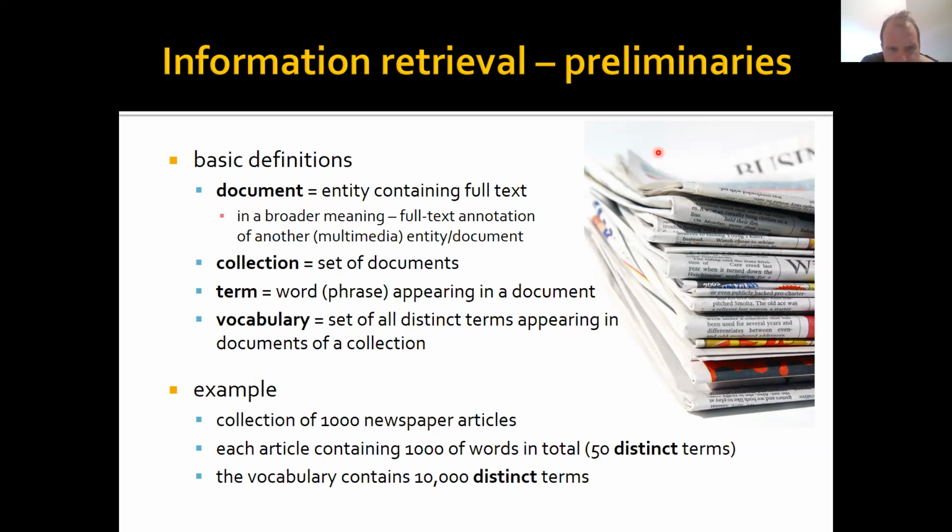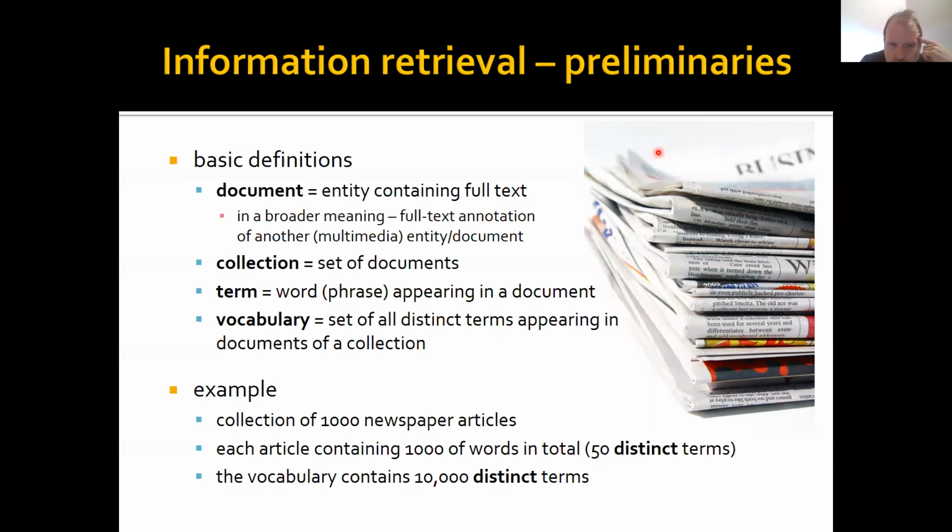We have also an example here to just imagine the scales and the numbers. Let's have 1,000 newspaper articles. Just imagine how a typical article looks like. Each article could, for example, contain 1000 words. That's not that big an article, but not that small.